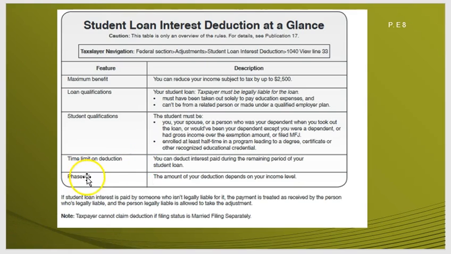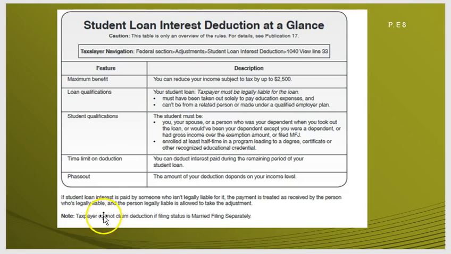It's important to note here that there's a phase out associated with it, so the amount of your deduction depends on your income level. A couple things here are important to note. If student loan interest is paid by someone who isn't legally liable for it, the payment is treated as received by the person who is legally liable, and the person legally liable is allowed to take the adjustment. So the person paying it in that case would not actually get the adjustment. It would be the person legally liable for the loan interest.